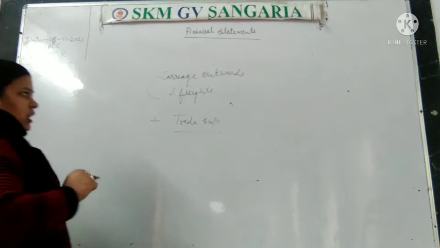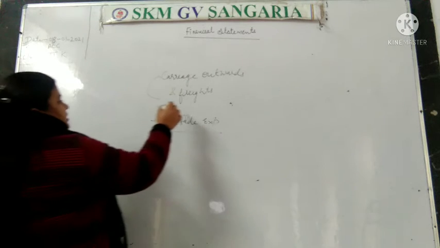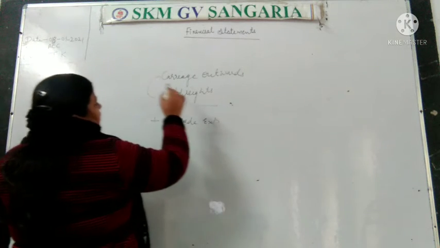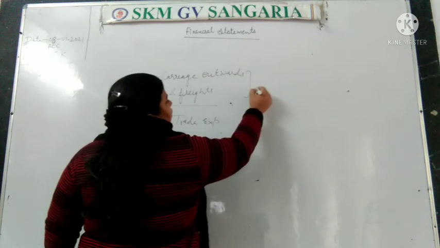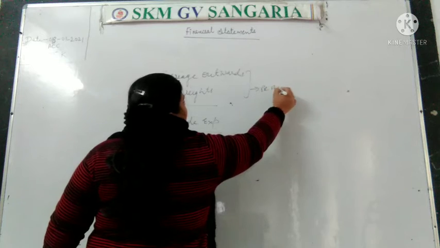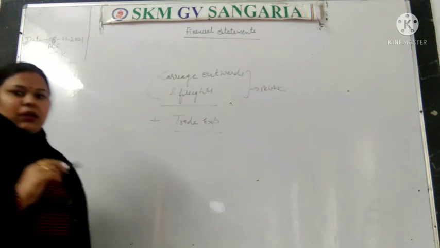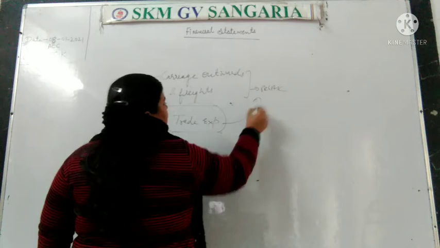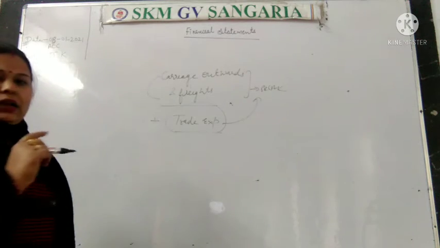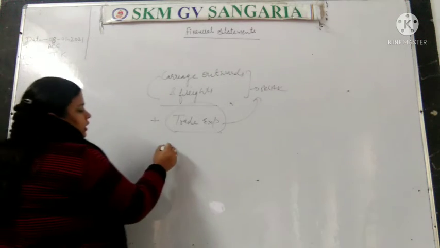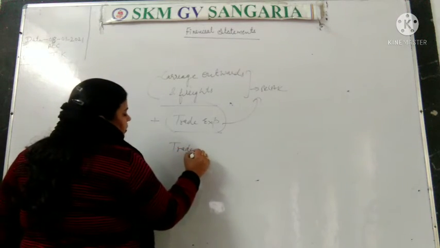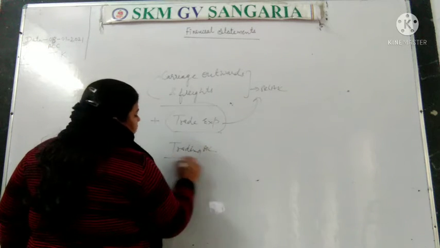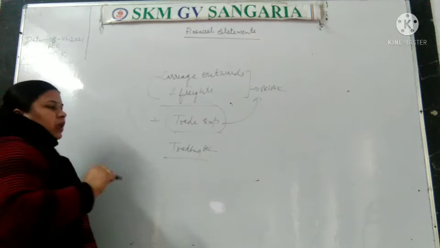If these terms, carriage outward and freight, are given in the question, then it will be part of the P&L account, and the trade expenses will also be part of the P&L account. While preparing the trading account, these both terms will not be included.